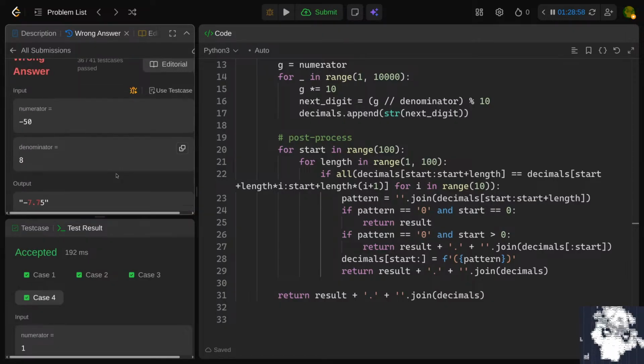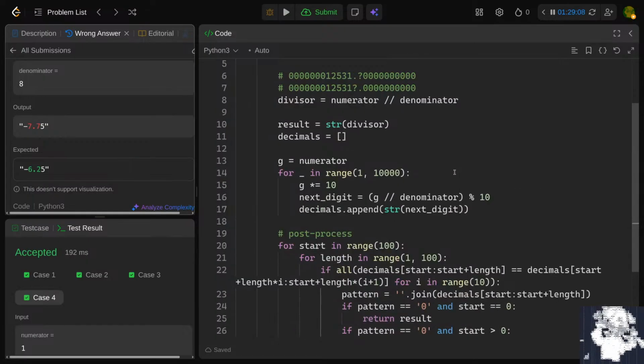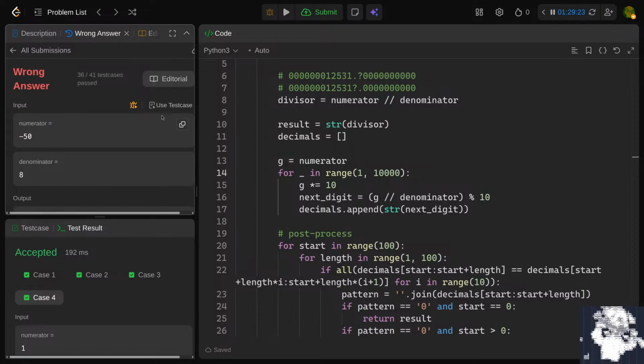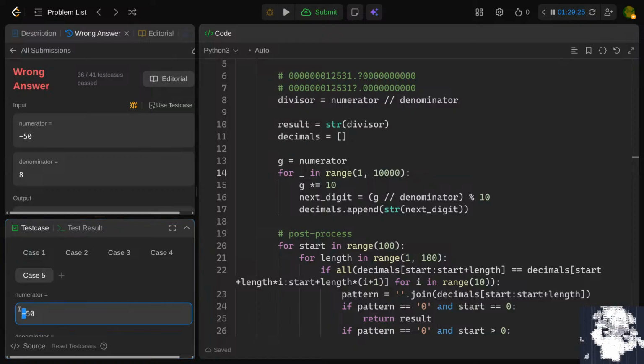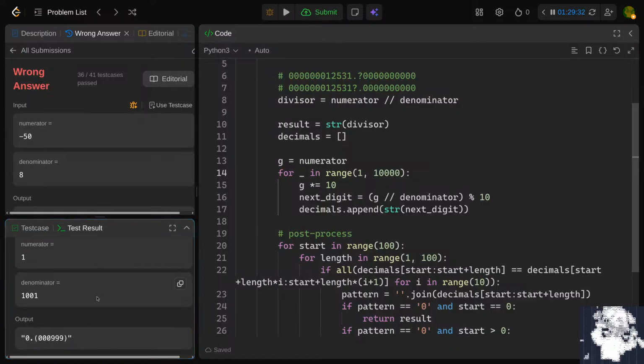We just are straight up not doing the correct thing when the number is negative, it looks like. So we don't even get the part before the decimal correct, which is interesting. Would we get it correct if we said 50? We would.